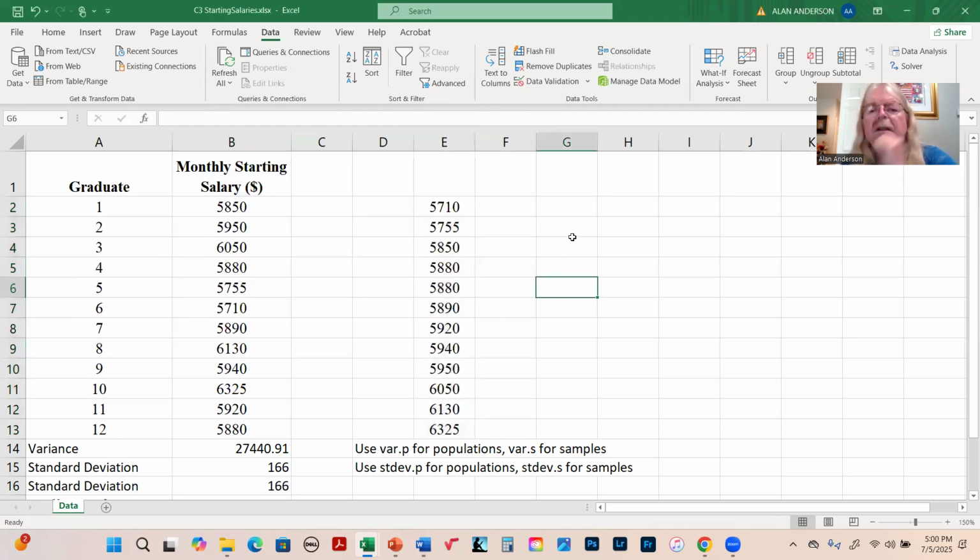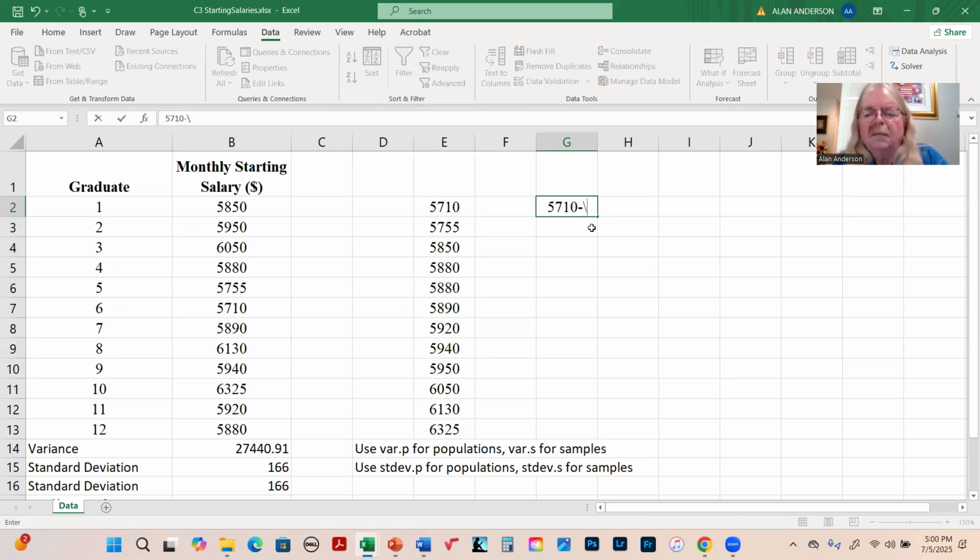Great. So I suppose we could create some classes here. Let's say, I don't know, 5700 to 5799, that would be. And then you have 5800 through 5899, 5900 to 59.